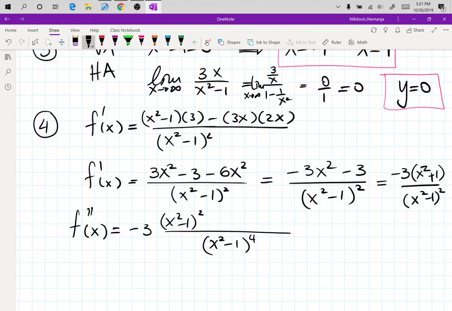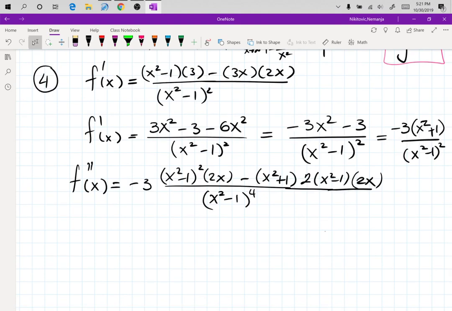Now, minus 3 I kicked out, so I don't have to worry about it. So it's just 2x minus x squared plus 1 times the derivative of the bottom, and that's a chain rule. 2 times x squared minus 1 times the 2x of the derivative inside. It's a lot of algebra that we have to suffer through over here.